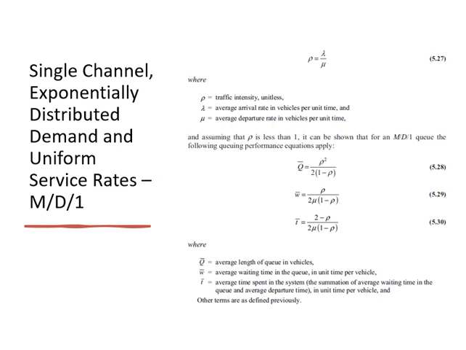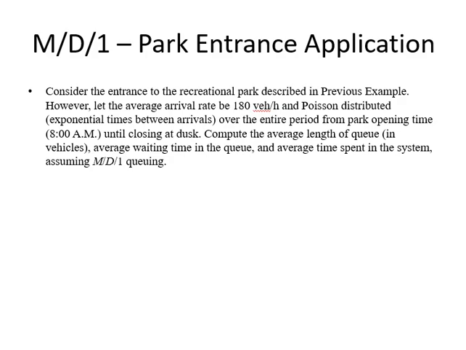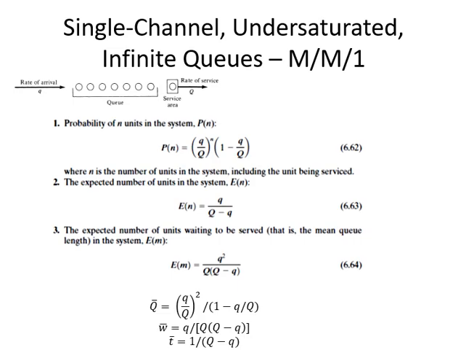What is the difference between waiting time W and the time in the system T? W is only the time in the queue, and T is the total, which includes the time in the queue plus the time for the service. And we did this example.